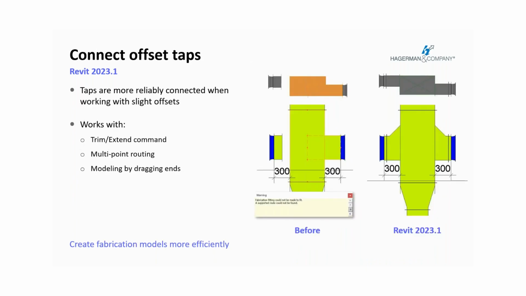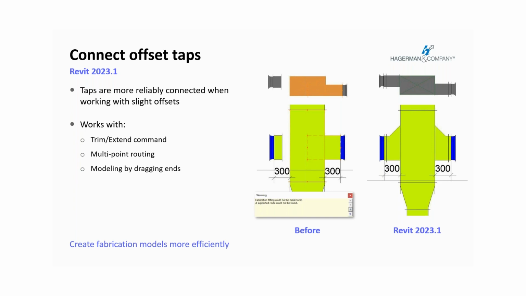Previously, there was an issue when you had taps that were slightly offset in elevation of the center line. In some cases, if it was not far enough from the main body when making that connection, Revit wasn't doing the computation correctly, trying to make the connection. Realistically, things would fit, so you could always manually force it into play.